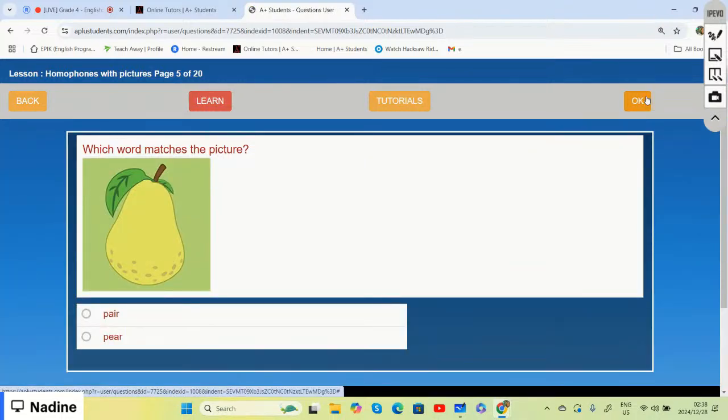All right, let's look at the next one and then we're going on to the next lesson. Which word matches the picture? Pear. So fruit. Pear. Is it option one, pear, which is pair, or option two, which is pear?